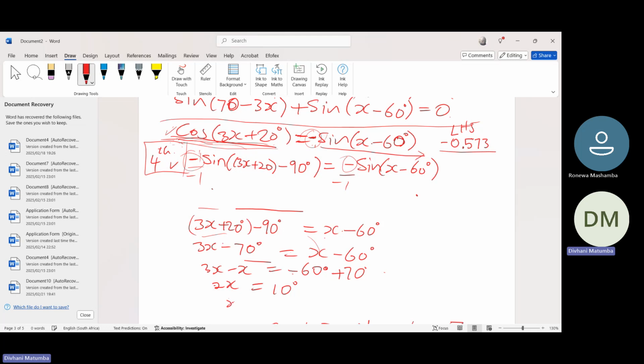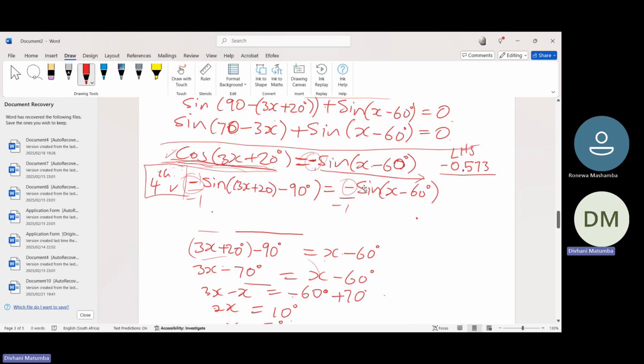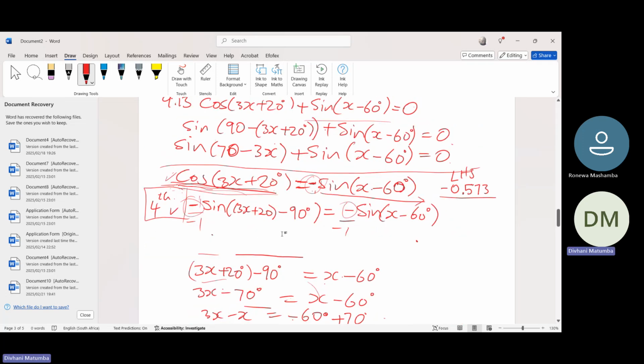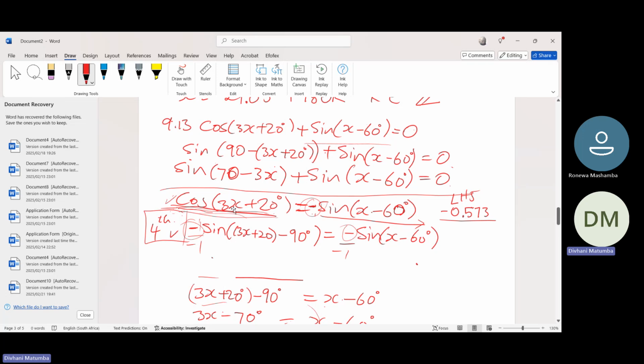Okay, so x is given by 5 degrees. Okay, sharp. Let's replace 5 degrees. 5 degrees instead. So cos of 3 times 5.